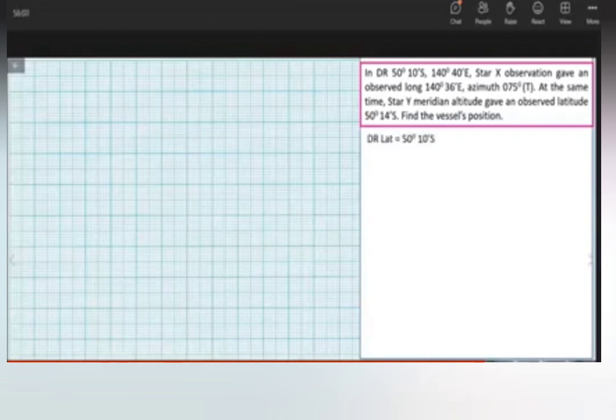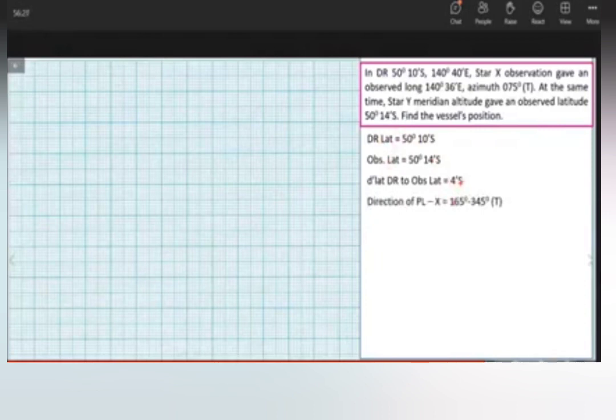We have the DR lat coming up on the screen. We have the observed lat. Now, the D lat from DR lat to observed lat is 4 minutes south. This information shall be used to plot these two parallels with respect to one another.